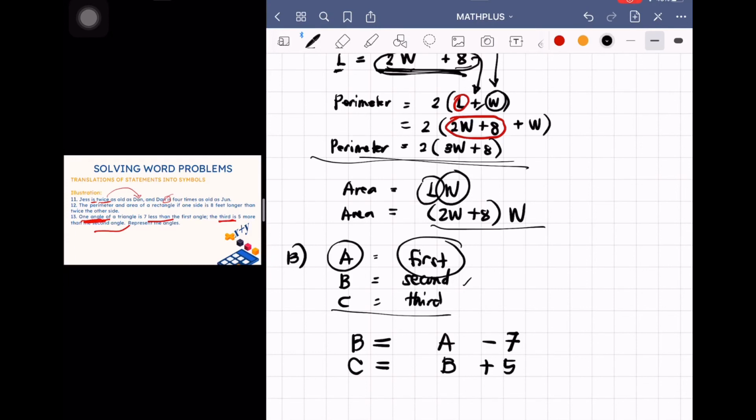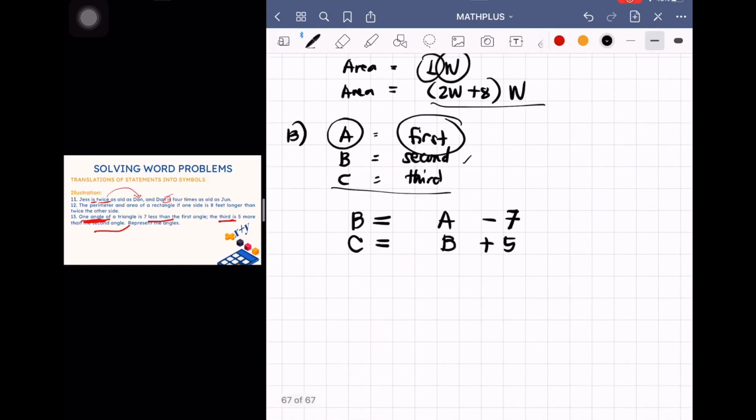Represent the angles. So, my angles are A, which is A pa rin siya, diba? Nothing changed because it's used as a reference. So, you still have A, and then this one represents B, A minus 7. And then C represents B plus 5.